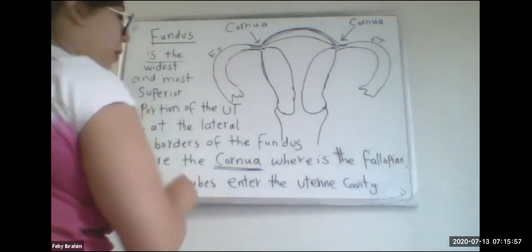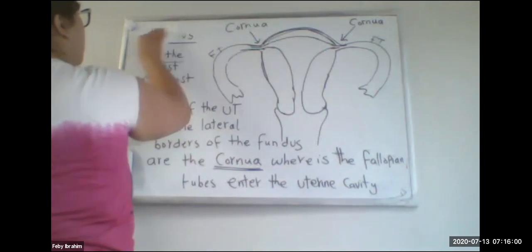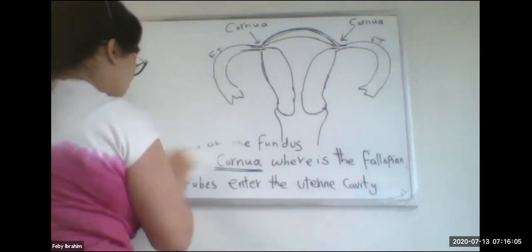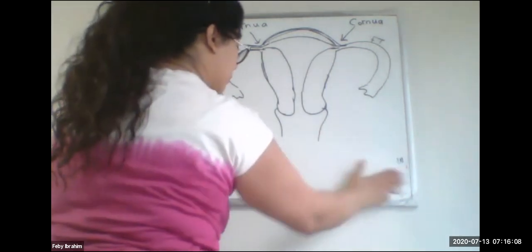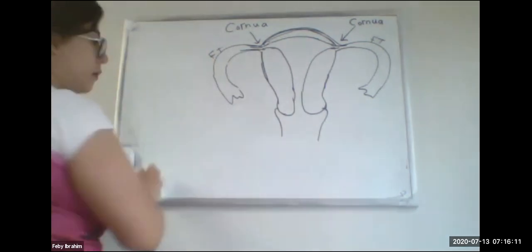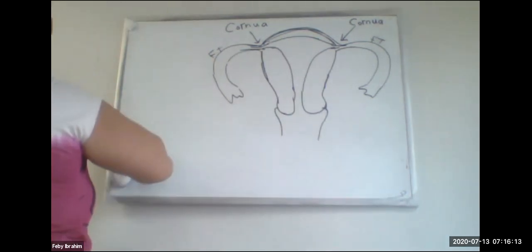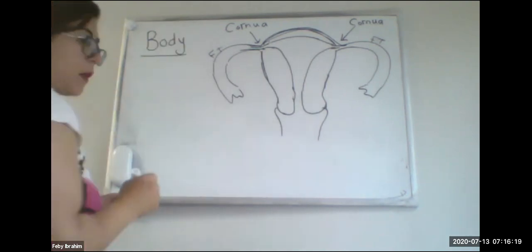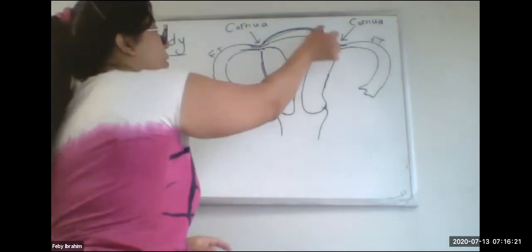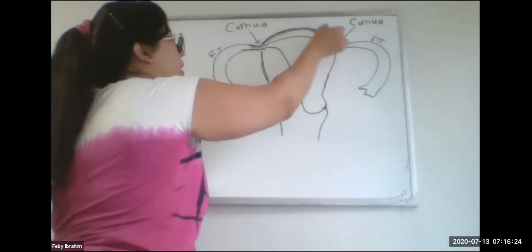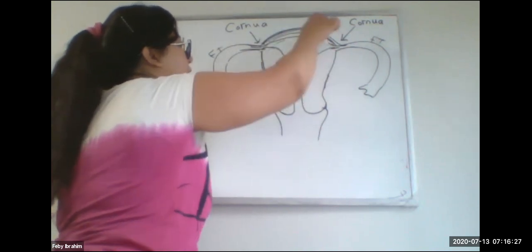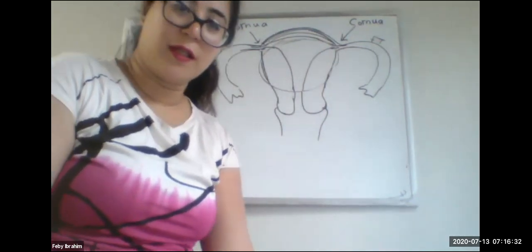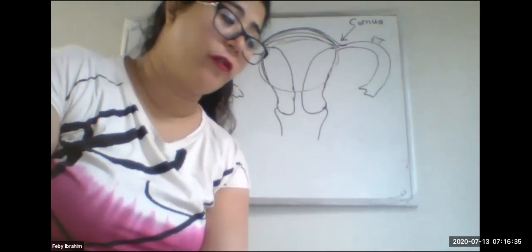Body. So I'm gonna erase this one. Body, this area here is the body. So number 1 is the fundus, and then we have this area here, which is called the body. If you look here, this is the largest portion of the uterus.